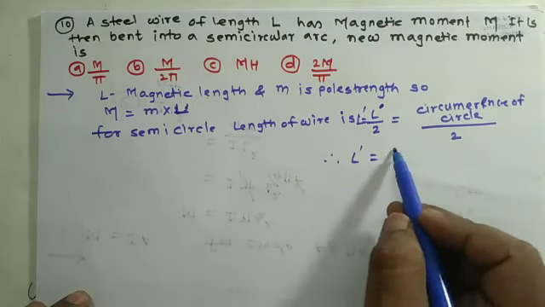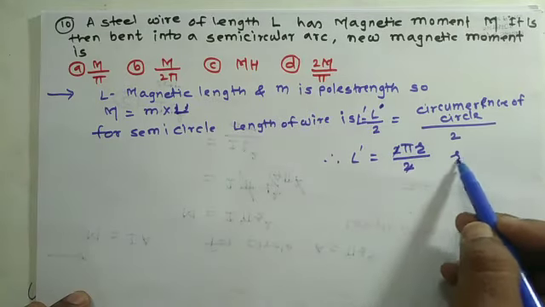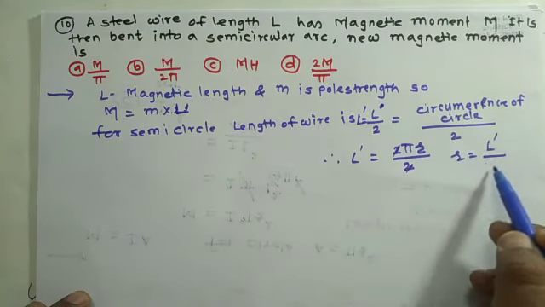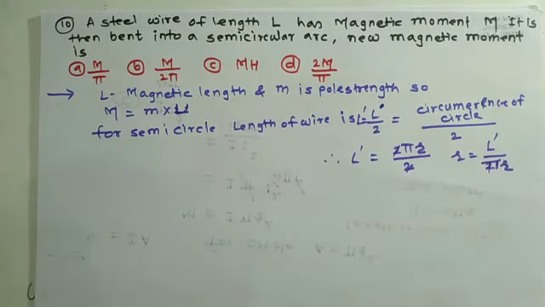So L dash is equal to twice pi r upon 2. So r is equal to L dash upon pi. Sorry, L dash upon pi.